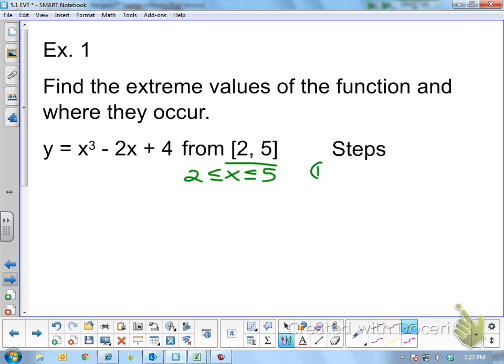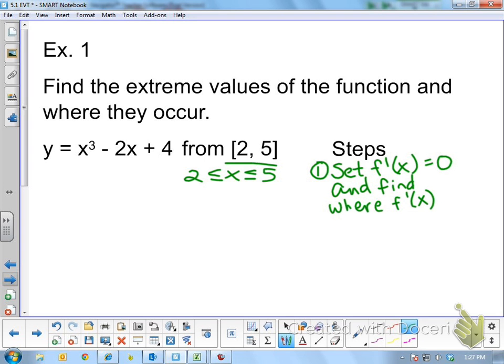So our first step is set f prime of x equal to 0 and find where f prime of x does not exist. That process finds me my critical points, my possible maxes and mins inside the interval.